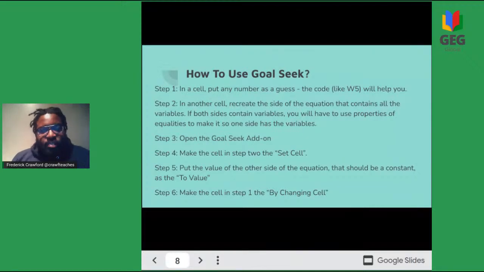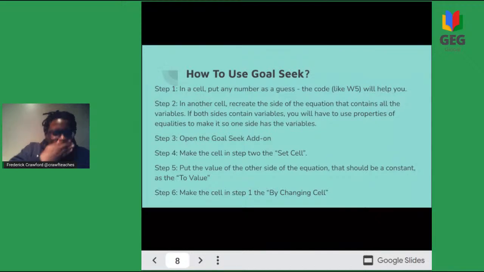You're going to see more of this. One thing I did earlier was I made step 3 step 1, so sometimes the steps are a little bit more interchangeable.